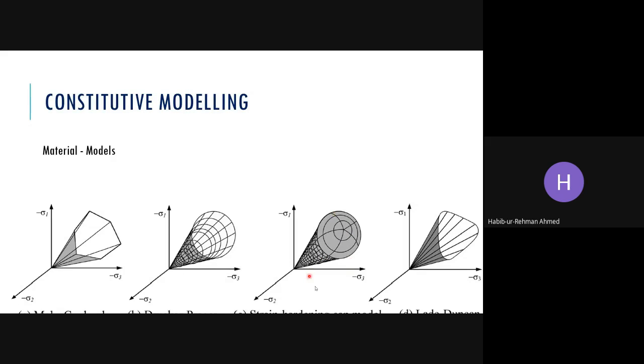Okay, but despite some complexity, some real behavior associated with the Lade and Duncan model and the strain hardening cap model, they are still I think very close to these other 2 models. So I'm just giving you the names so that you can remember that other than Mohr-Coulomb there is Drucker-Prager, a very famous model for concrete modeling, and these two models are also used for steel in defining its behavior.